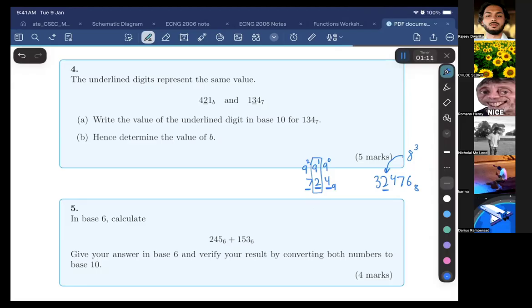Not just that. The value of the 2 would be 2 multiplied by 9 to the power 1. So it's really 18 in base 10.